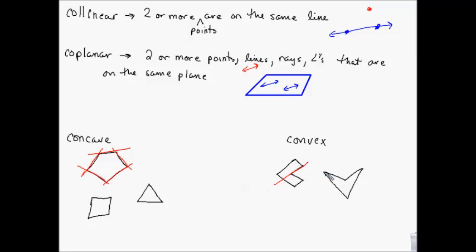So if even one line, if you extend it, crosses into the shape, it's concave. But I just kind of like to think of it as they're kind of dented in. If you have a side that looks like it got hit, and it's dented in, then it's concave.